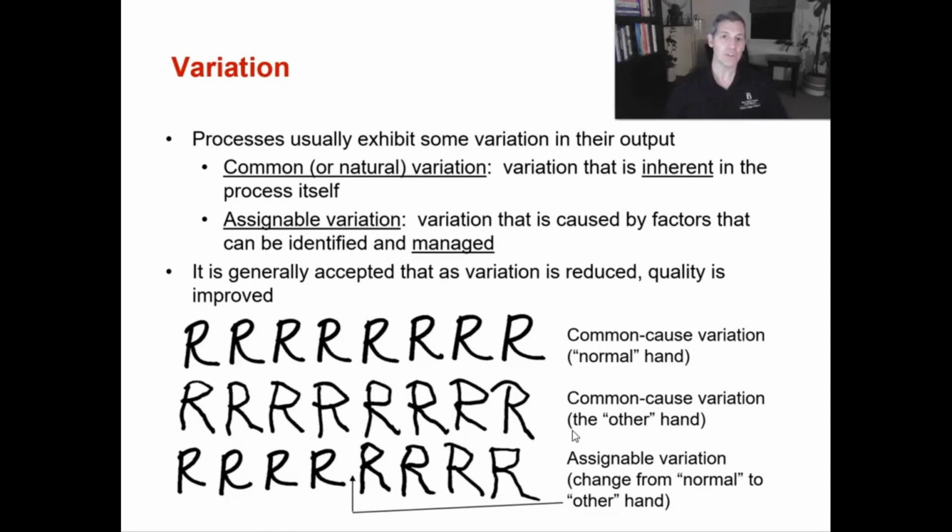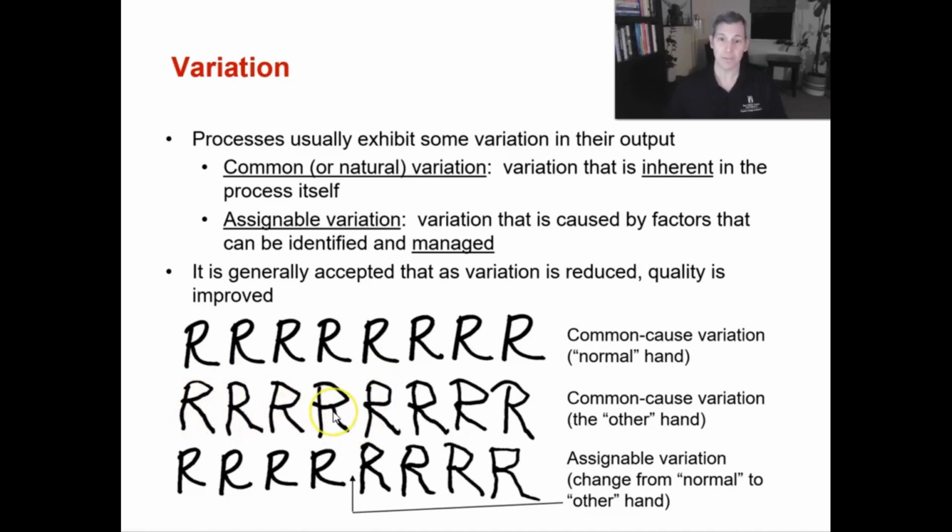So if you look at what you wrote down on that piece of paper, there is a little bit of variation when you used your primary hand. That's common caused variation using your normal hand. When you use your secondary hand or your non-dominant hand and you did a couple of those letters, they also had variation using your other hand, but it's also common cause.